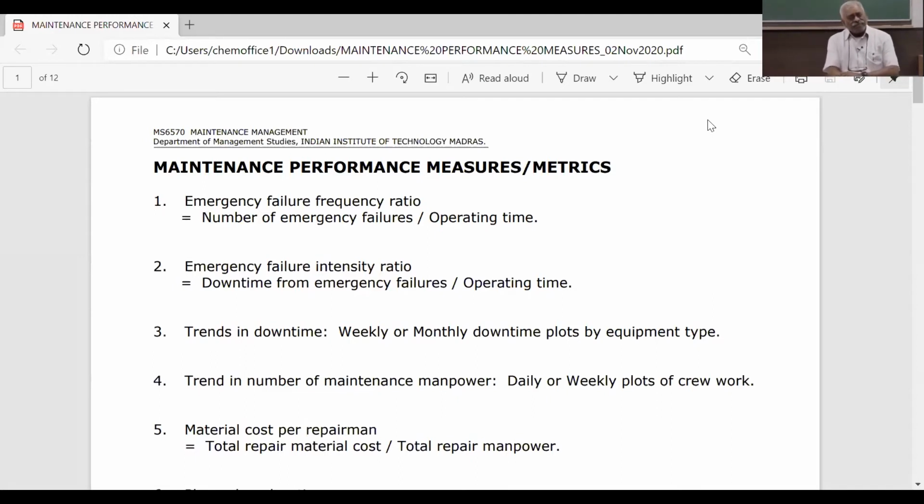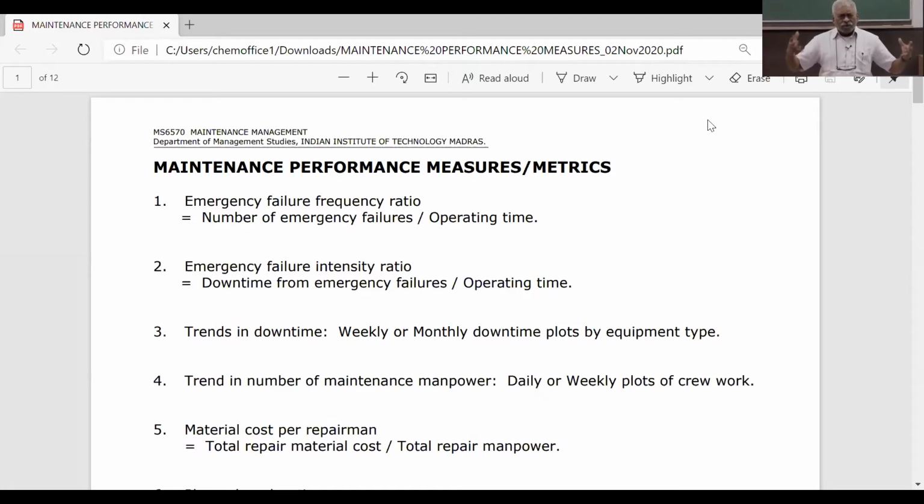Okay. So now we were just discussing emergency failures and how the frequency of emergency failures is going to tell you something about the status of maintenance. As Aryaman was pointing out in response to my question, if the emergency failures are high, in your judgment, you will infer that something is going wrong with the maintenance. Otherwise, why are we having such a high proportion of emergency failures among the total failures?